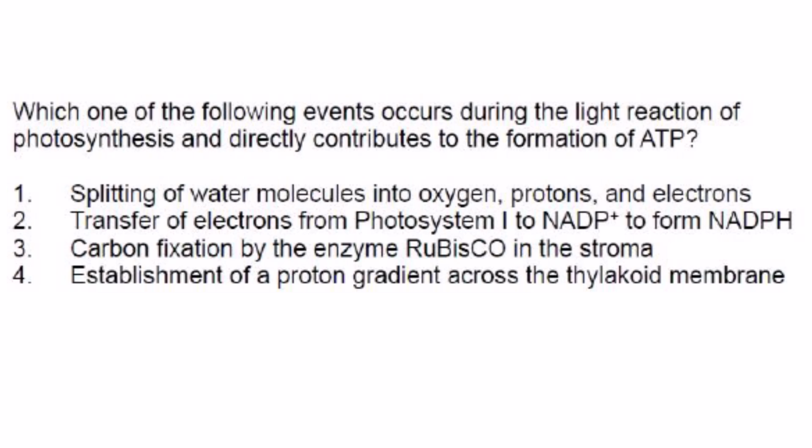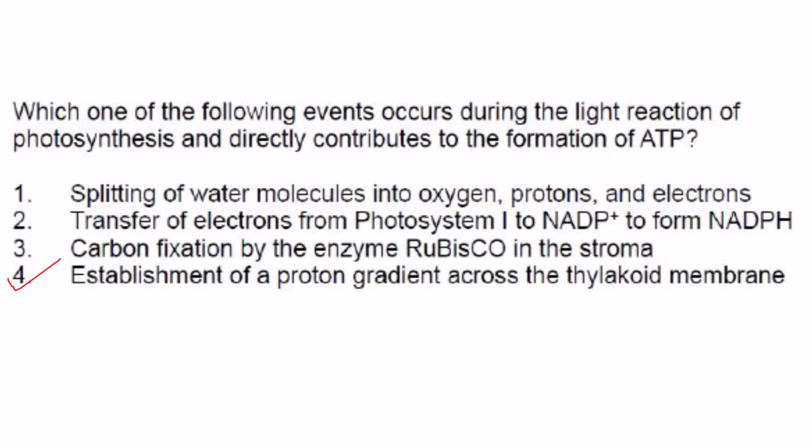So that is what is taking place during light reaction of photosynthesis resulting in the formation of ATP. As per what I have told just now, it is the proton gradient across the thylakoid membrane that is involved in the formation of ATP. So your answer here is option 4.